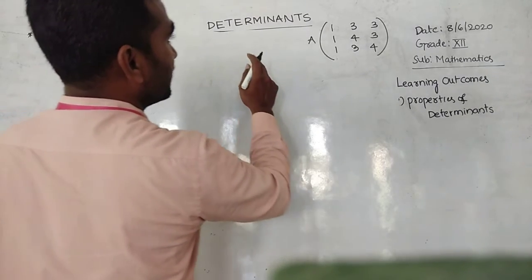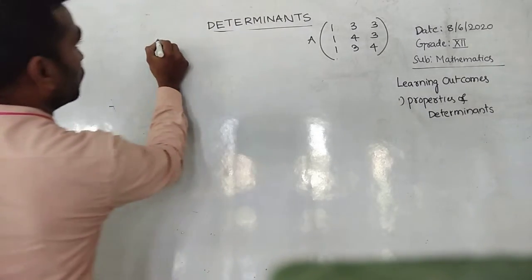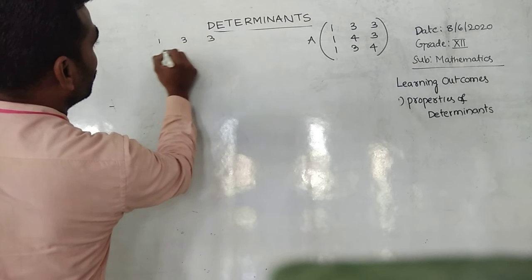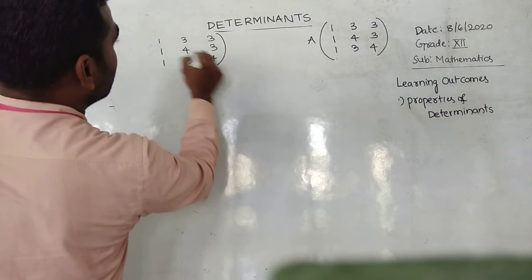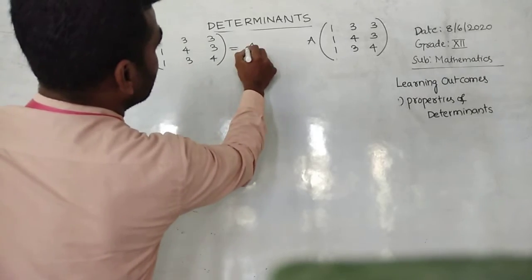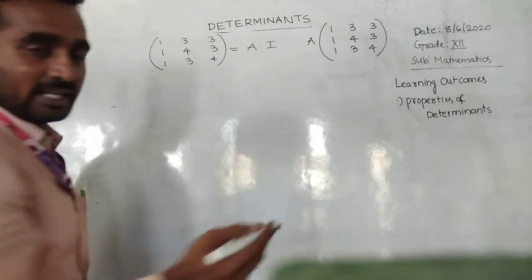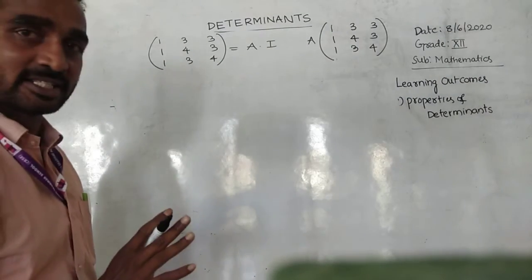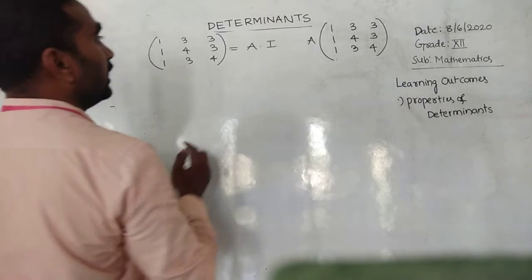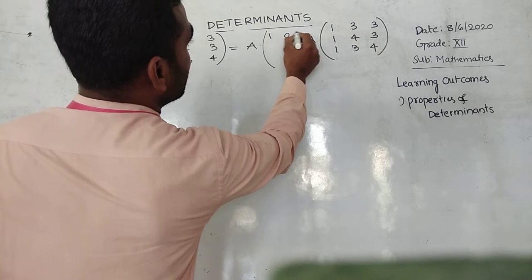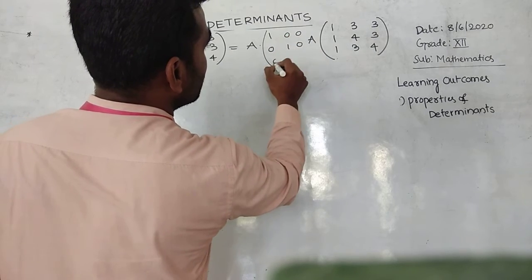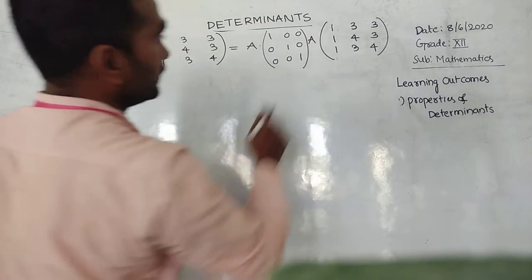Now take [1 3 3; 1 4 3; 1 3 4] is equal to A. It can be A into I, because I is multiplied by any matrix, you will get the same. I value is [1 0 0; 0 1 0; 0 0 1].